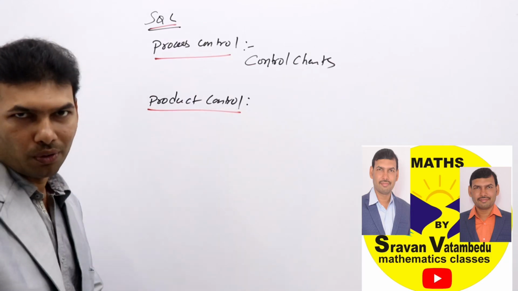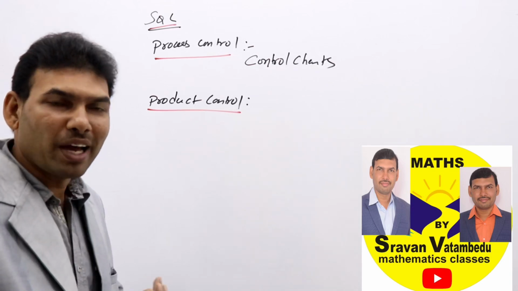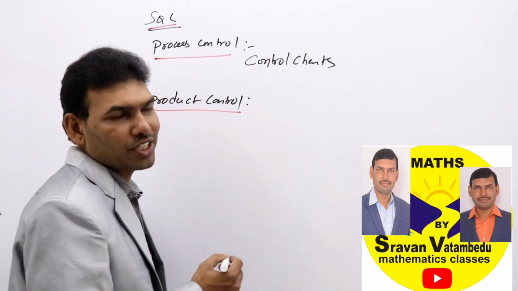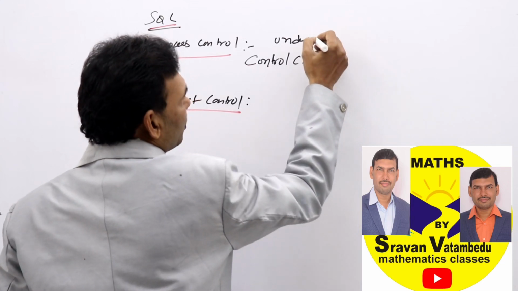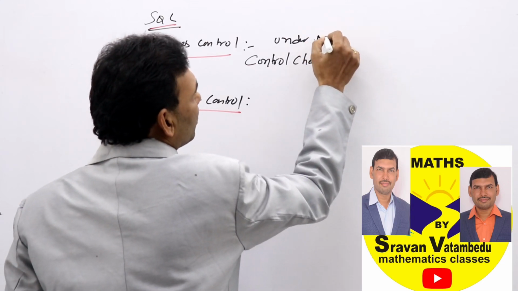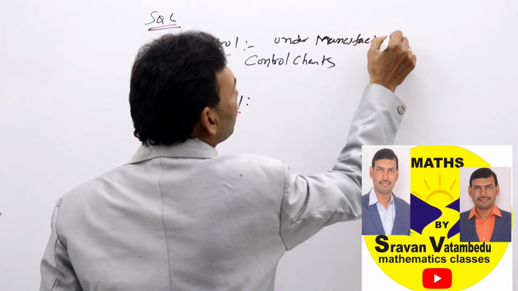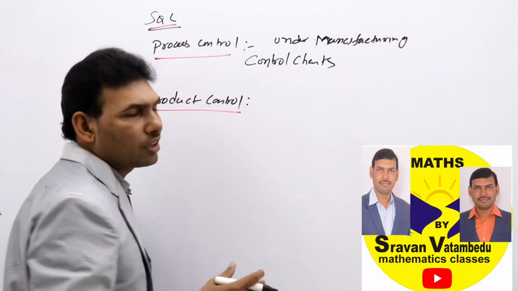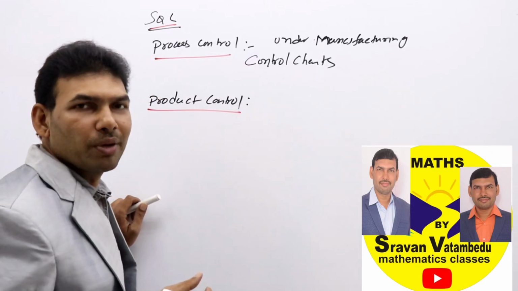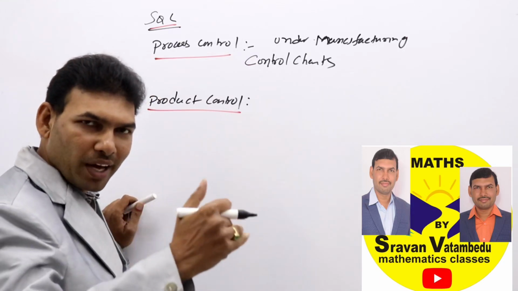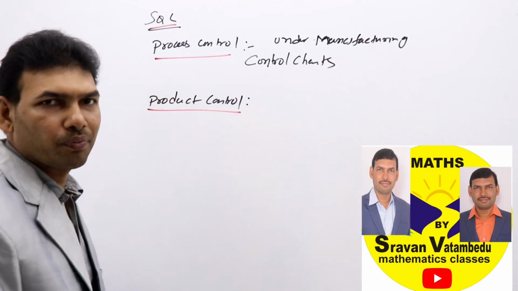Coming to product control: when the product is being manufactured, remains in the manufacturing process, we do process control.